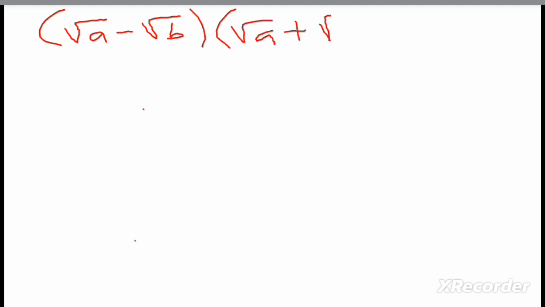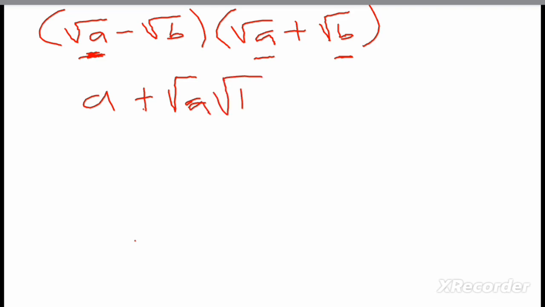So let me show you root a minus root b, with root a plus root b. So root a times root a. Since what's inside is the same, it will be a. Right? So root a times root b. Since it's a positive, it will be positive root a root b.